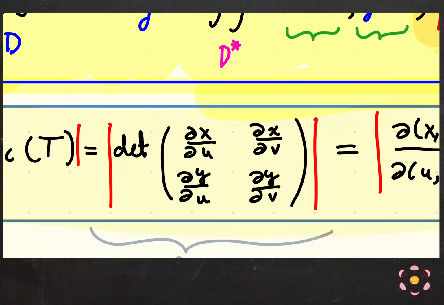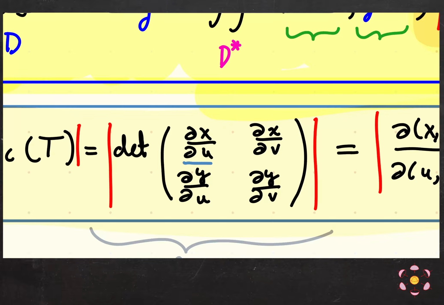There are actually two correct ways to write this. The way I like writing it, and most textbooks have, is to look at your first function x and take the partial derivatives with respect to u and v. Then take your second function y, take two new partial derivatives, and put those along two different rows of a matrix.